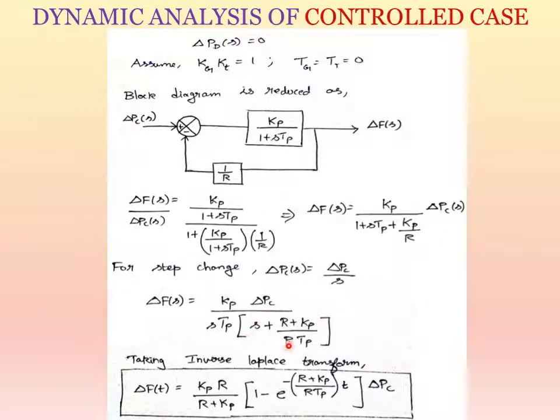So when we substitute it and reduce this, we have to apply partial fractions also here. And then when we take the inverse Laplace transform, our final expression will be of this form. Del f of t will be Kp by Kp into R by R plus Kp into 1 minus e power minus R plus Kp by R Tp into t, into del Pc.